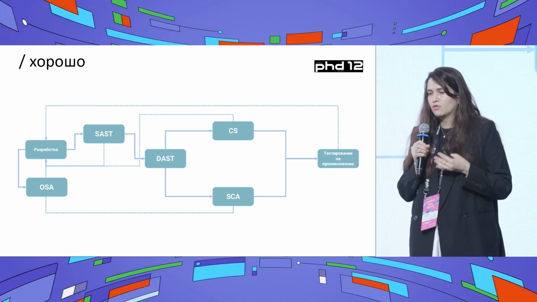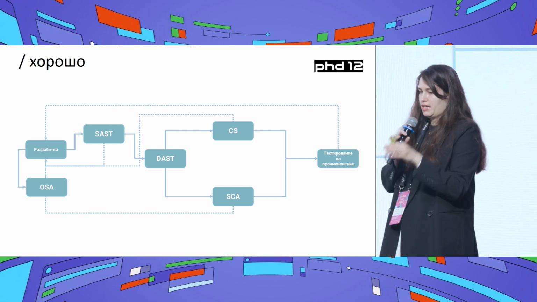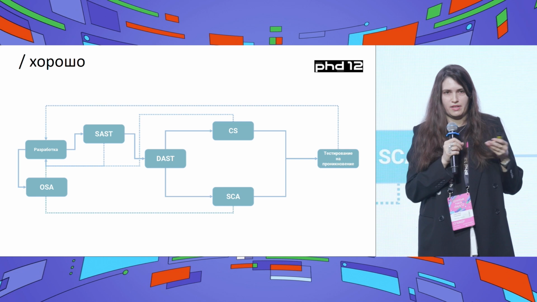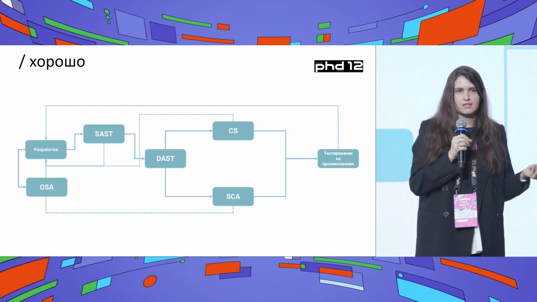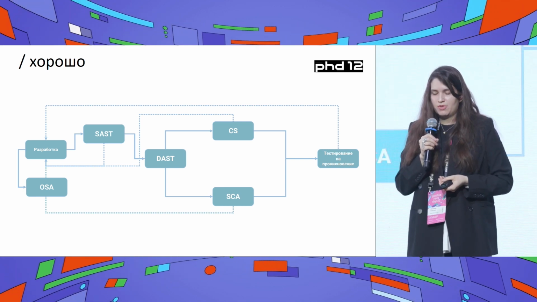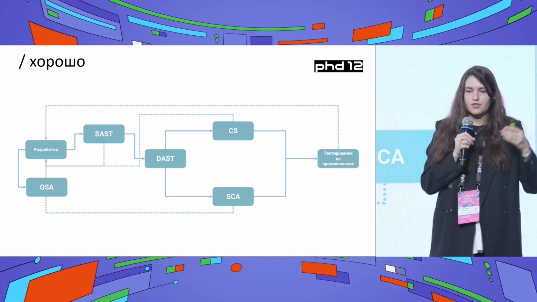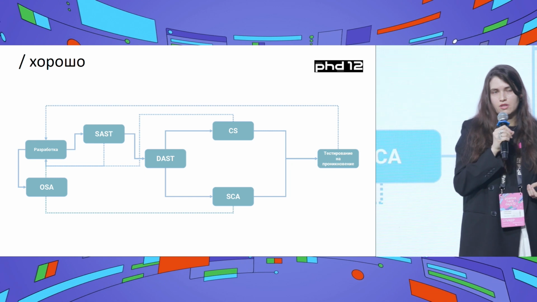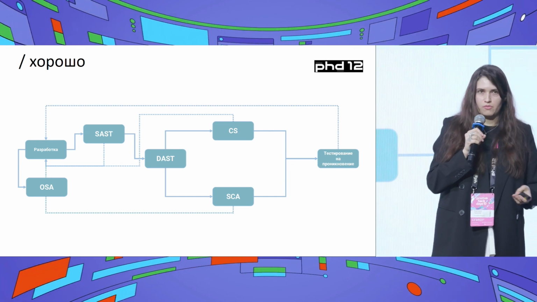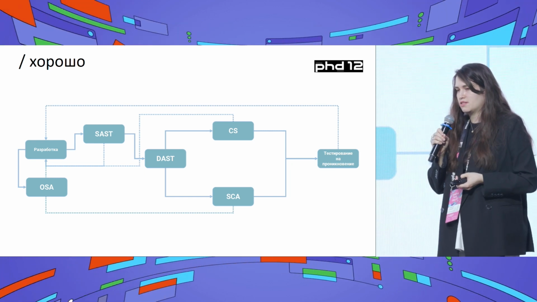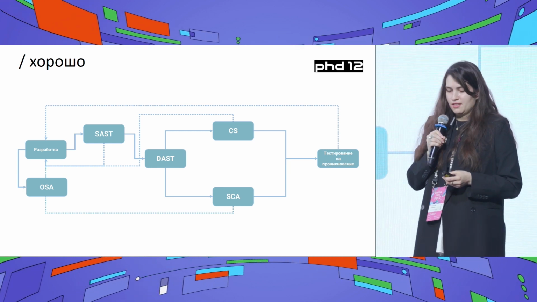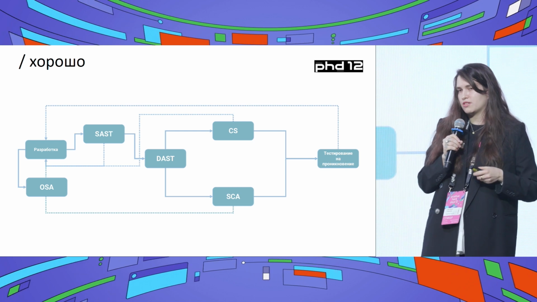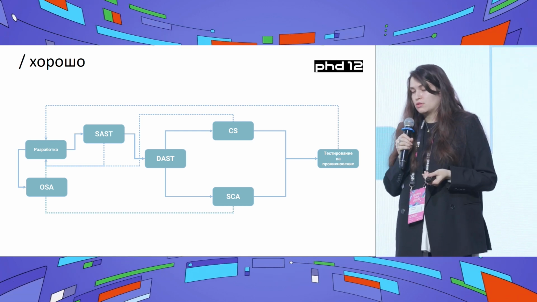And we can deploy an app and dynamically test it. We can look at how it operates in containers, and we can check whether it's all good in terms of the components, that we have all the right libraries, we don't have any wrong libraries, that it works well under the hood. And in the classic cycle, it culminates in a pen test or maybe a fuzz test or security test.